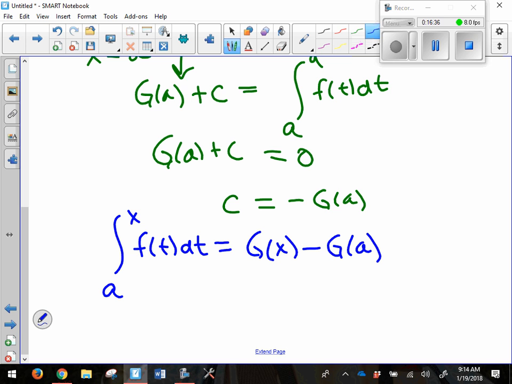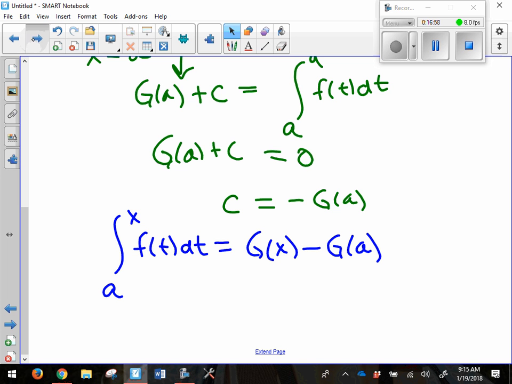Basically, we can substitute back in and find the area and find our constant. You're never going to write it out like this. You're just going to do it. So you know what? Let's just do it.